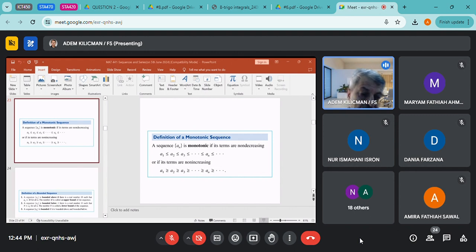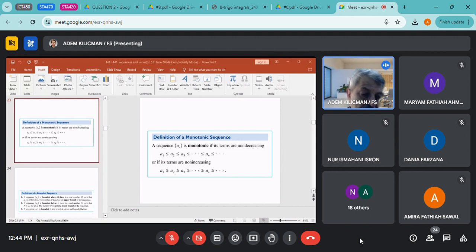M equal to 1 is the least upper bound, the smallest upper bound, because n over n plus 1 gets closer to 1 and never picks up 1 as a value as n goes to infinity. It is near 1 but never equal to 1. So we can consider M equal to 1 as the least upper bound.